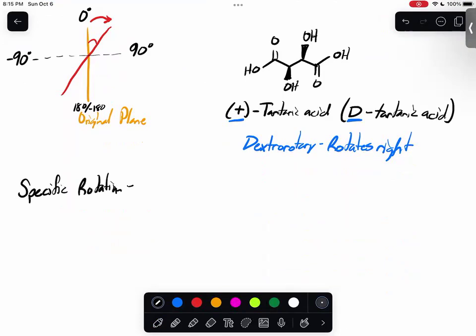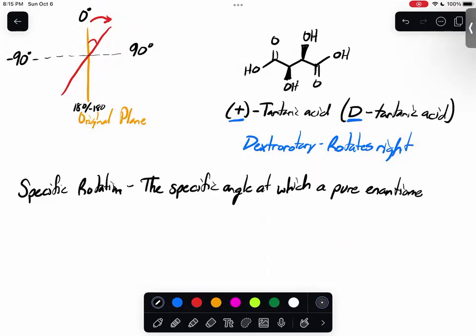The idea of specific rotation is that it is the specific angle at which a pure enantiomer rotates plane polarized light. So this specific angle is an intrinsic value. Every enantiomer is going to be different for it.